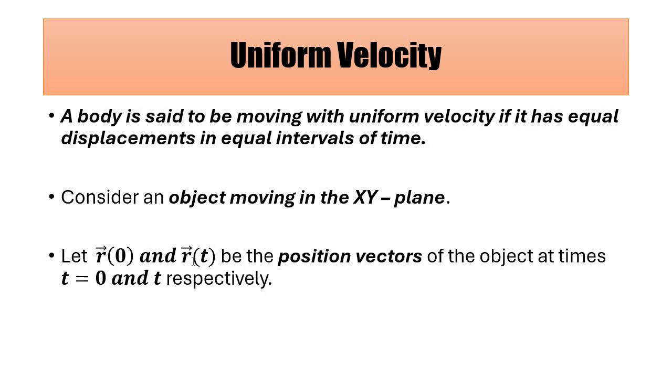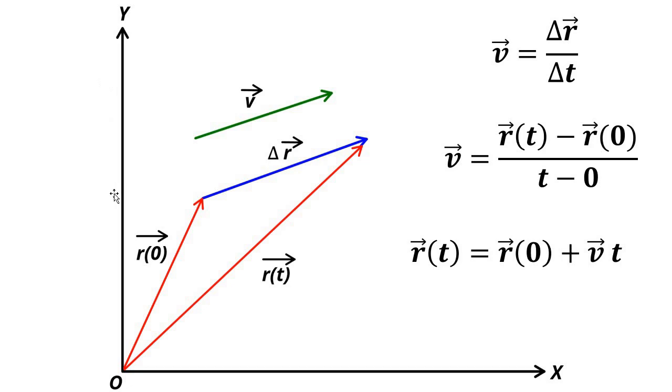So here let's say we try to depict this whole situation graphically. Again, as it is two-dimensional motion, let us say we have an object which is at an initial point, let's say this, which is represented by the position vector r0 vector.